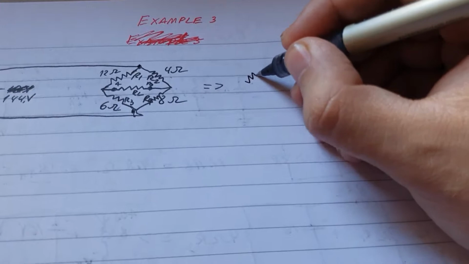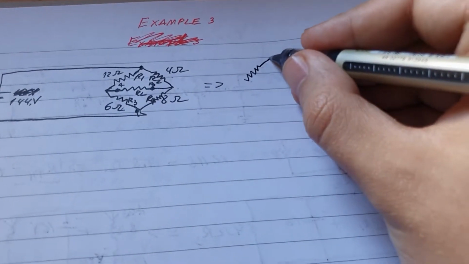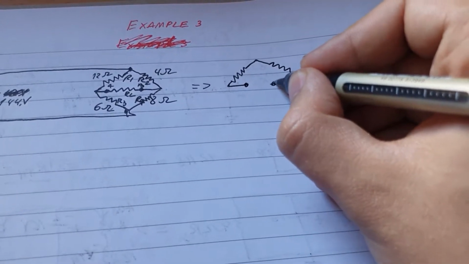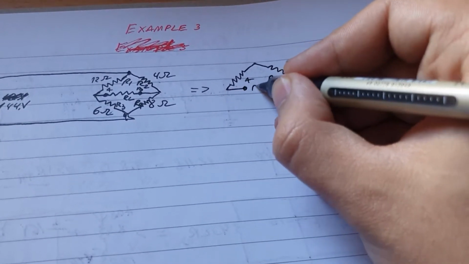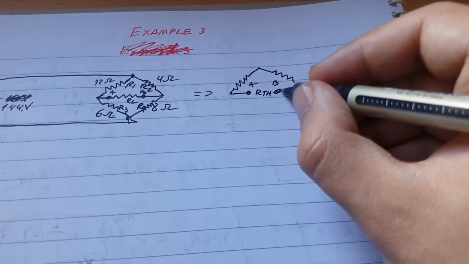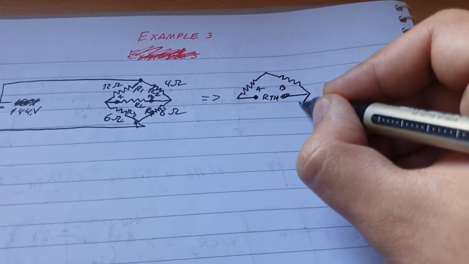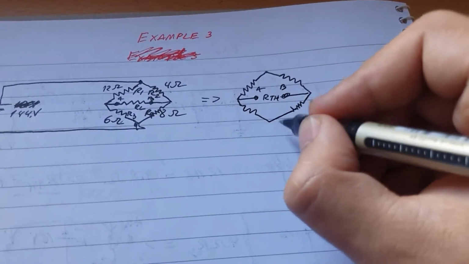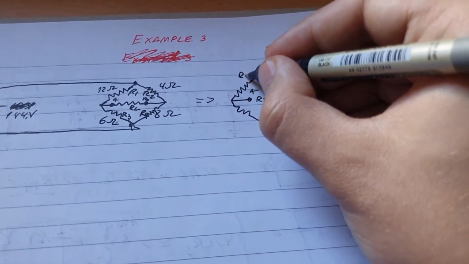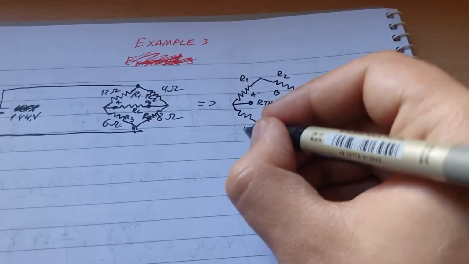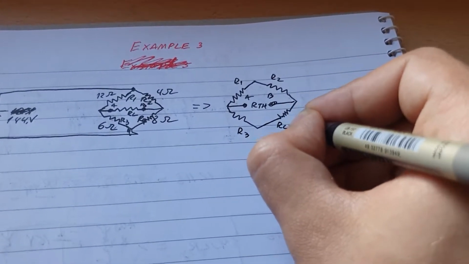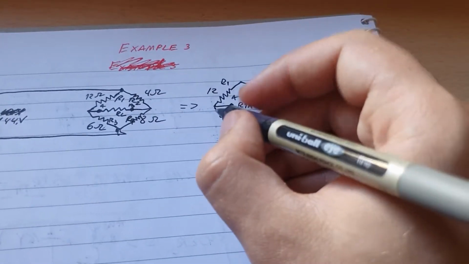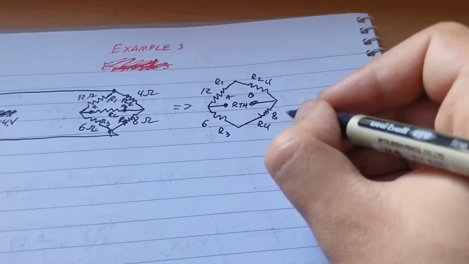We can do one resistor here, one resistor here, the two dots for A, B, R_TH. One resistor here, and the fourth one being here. Then there's R1, R2, R3, and R4, and these are 12, 4, 6, and 8.